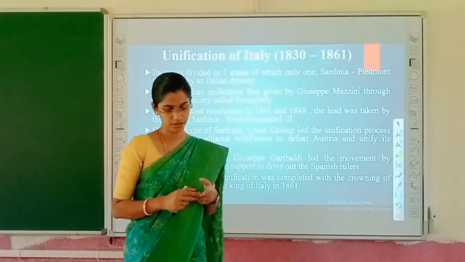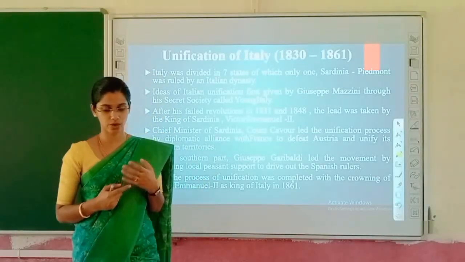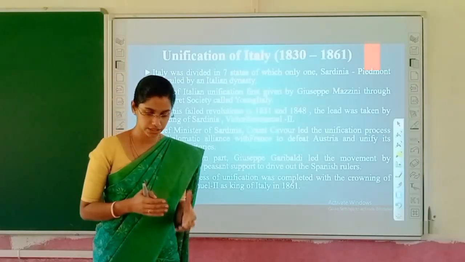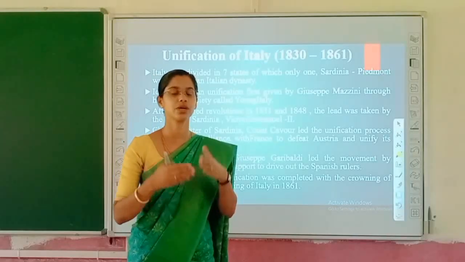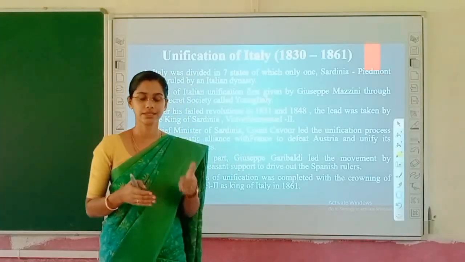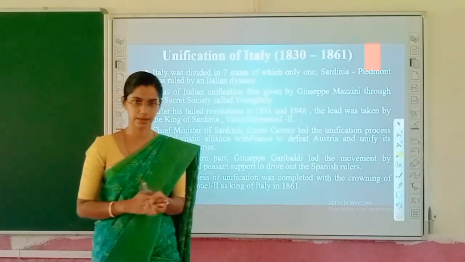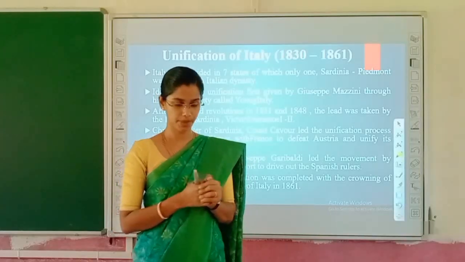And then in 1861, Victor Emmanuel II was proclaimed the king of United Italy. That means the unification process ended, with Rome as the capital city of the unified Italy. These are the processes of the unification of Italy.